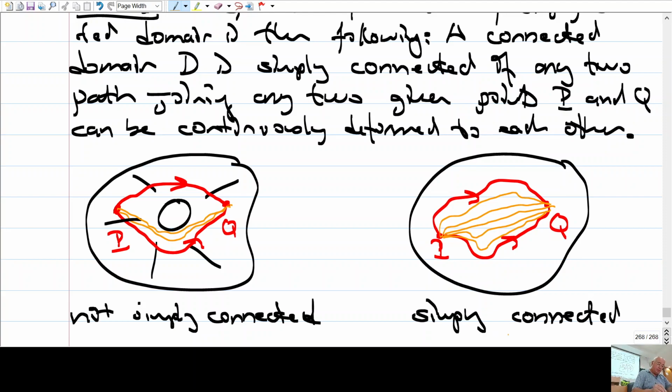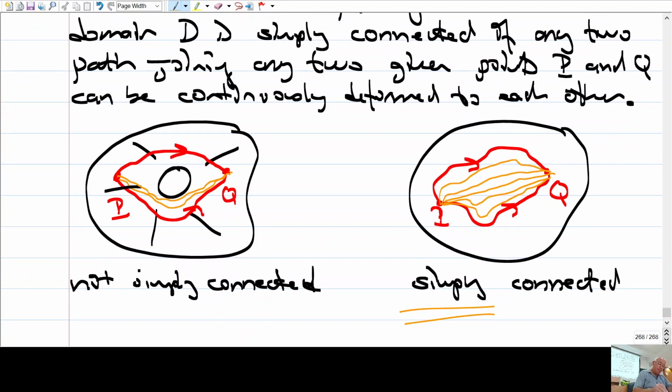Why do we use this word simply? It means the following. The region is connected, so any 2 points can be joined to each other by a continuous path, but it is more than that. There is essentially one way of joining these 2 points. Any two ways can be deformed to each other. Therefore, there is essentially one way.